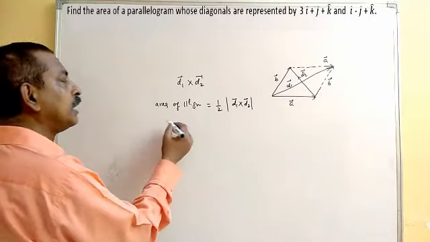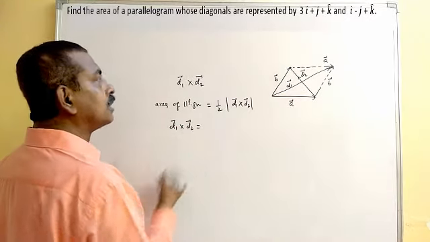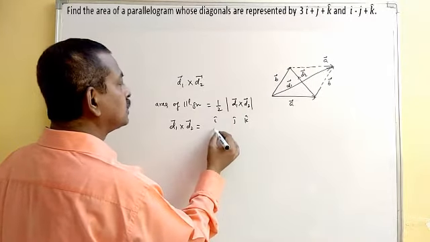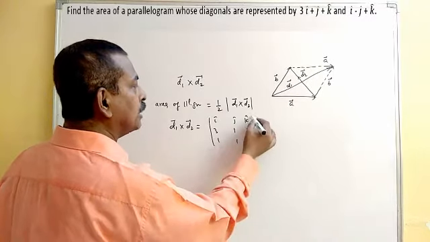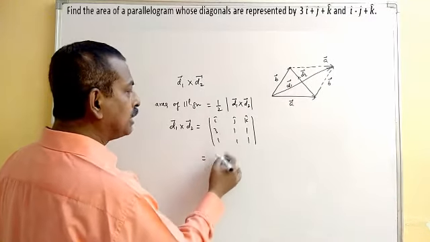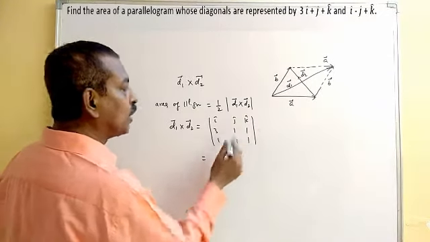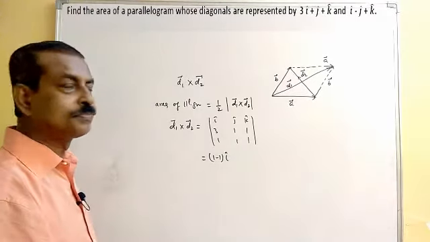Let's see this one. If I take d1 cross d2, in that case, this is your i, j, k, and this is your 3, 1, 1, 1, 1, 1. If you expand this, for i, it is 1 into 1 minus 1 into 1, so it is 1 into 1, i cap.